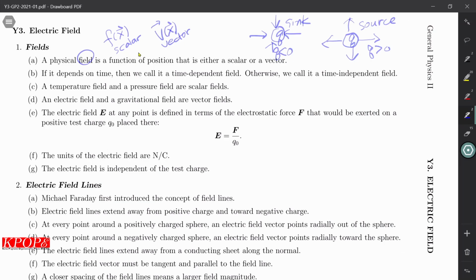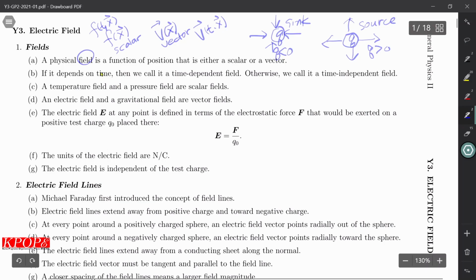It is also possible to have time dependence, then time-dependent scalar field, and this is a time-dependent vector field. So anyway, field is a function of position that is either a scalar or vector.